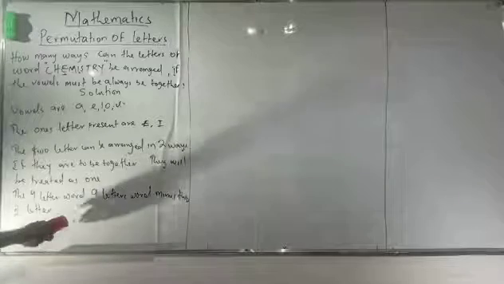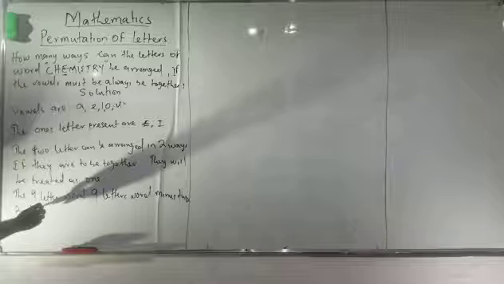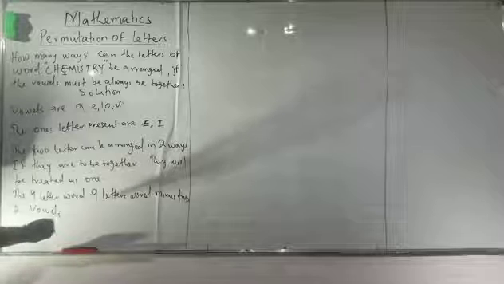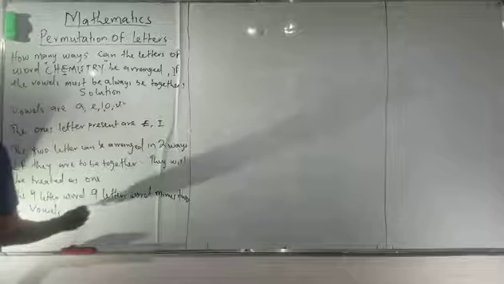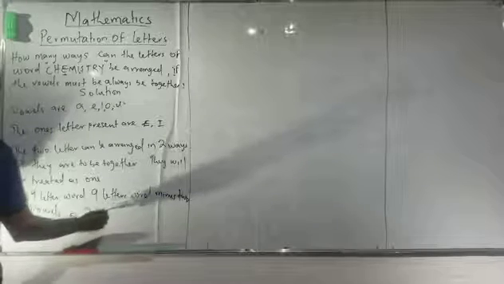Let me use 2 vowels. 2 vowels, which is equal to what? 7 letters. Okay, so about 7 letters.